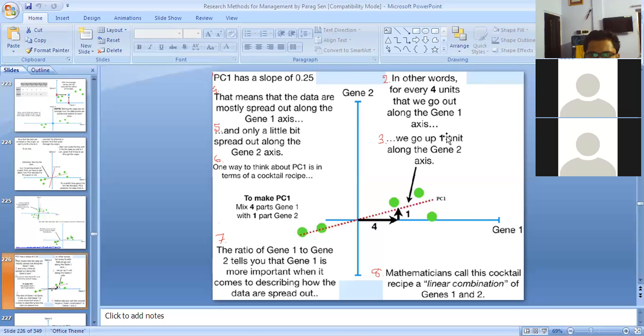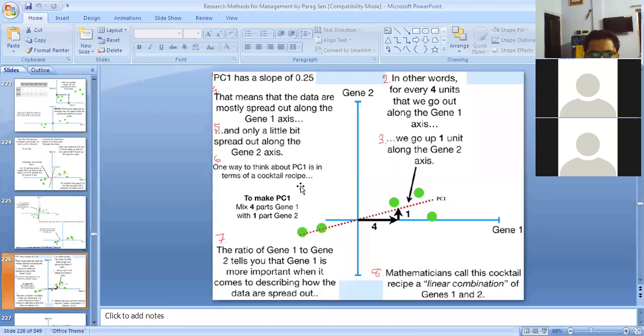That means that the data are mostly spread out along the gene 1 axis and only a little bit spread out along the gene 2 axis.